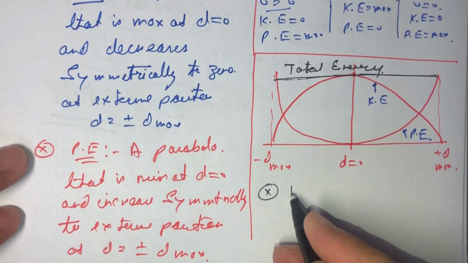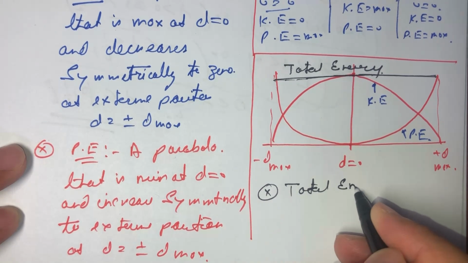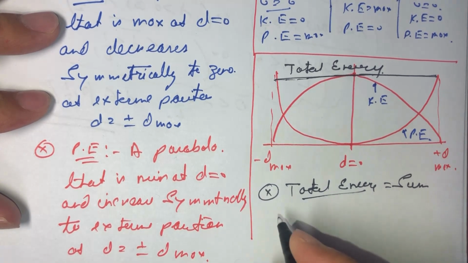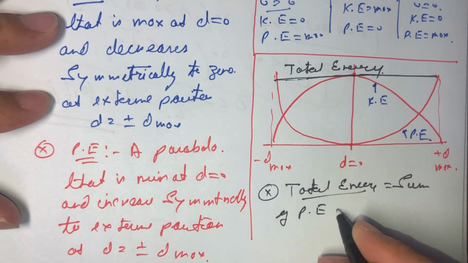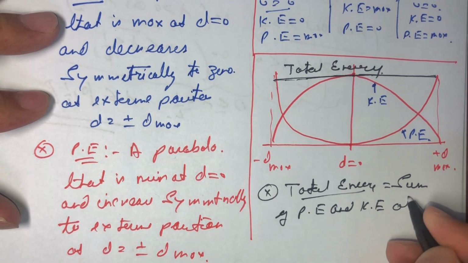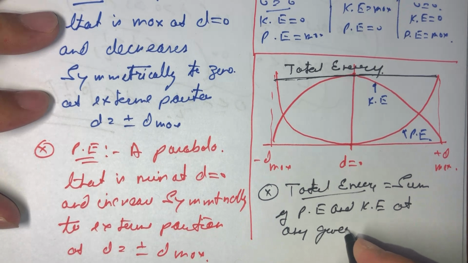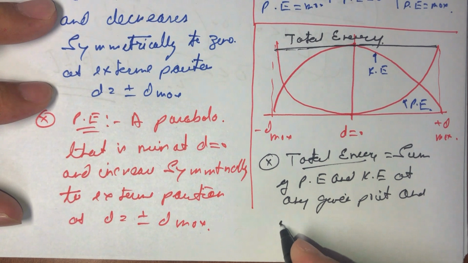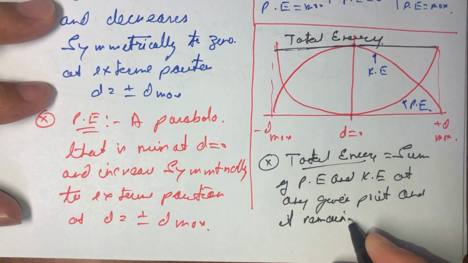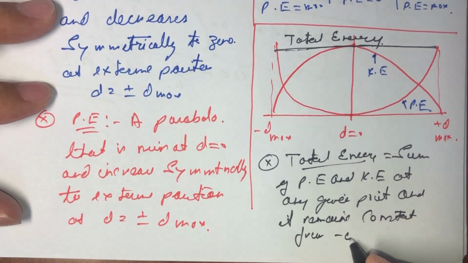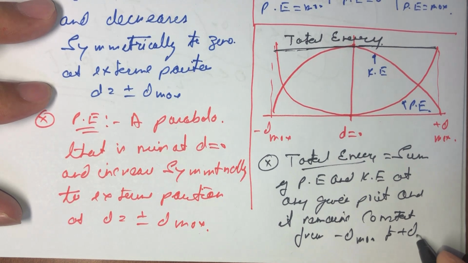Total energy is the sum of potential energy and kinetic energy at any given point, and it remains constant from minus d max to plus d max.